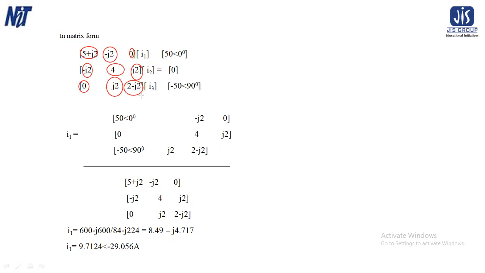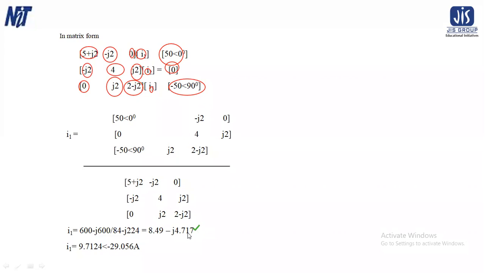If I1 or I2 is missing, then put zero. This is the voltage value, 50 angle 0 degree, 0, 0. So the value of I1 equals this value divided by this term. We can easily find it using the matrix.